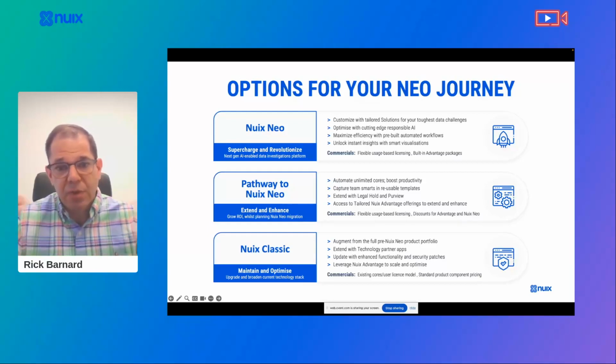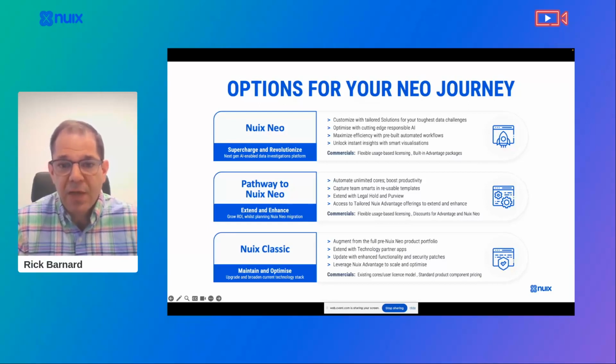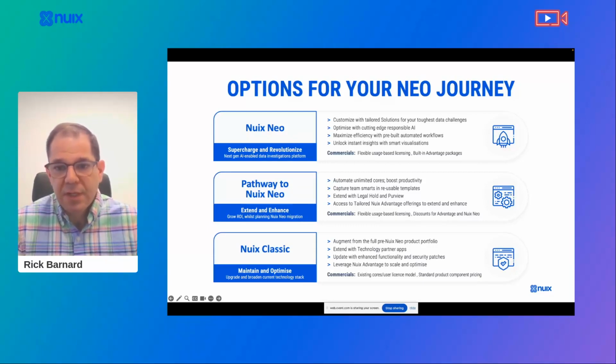The second option that we'll build off of that is what we'll call the pathway to Nuix Neo, which again is to extend and enhance. So that gives you unlimited cores. It boosts your productivity. We start building templates, playbooks together. Again, some of the same elements that I just talked about, with extensions from legal hold to Purview collections.